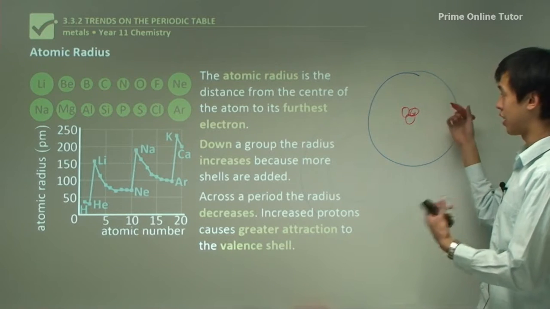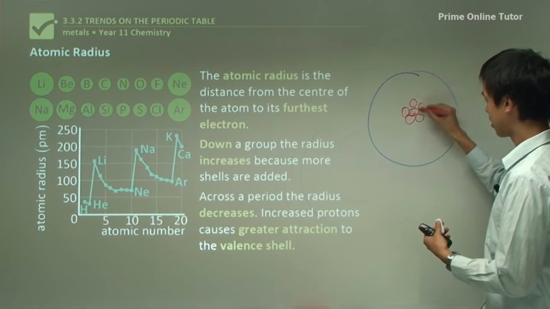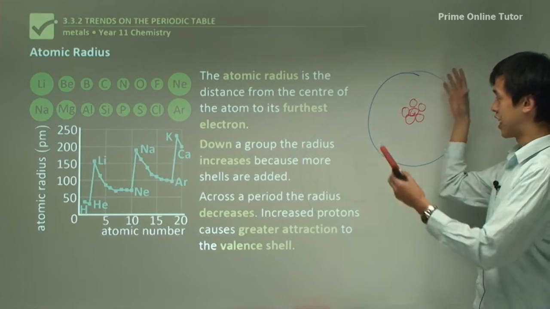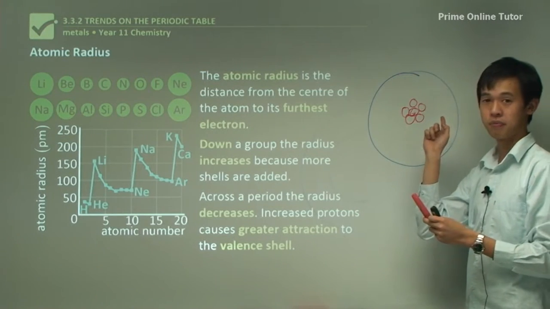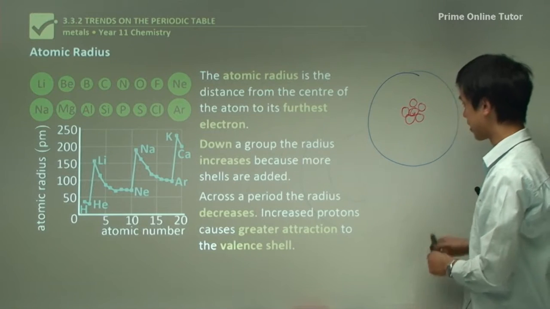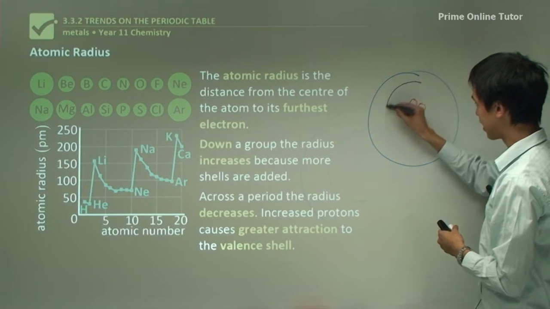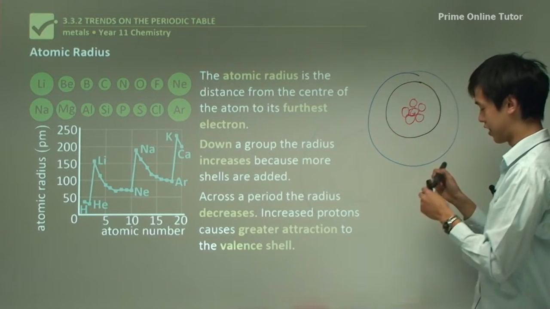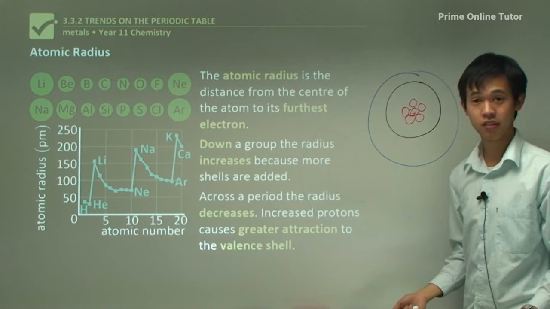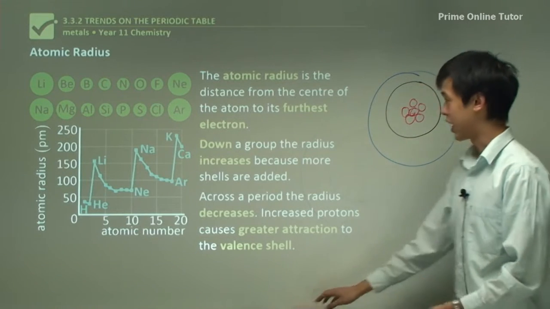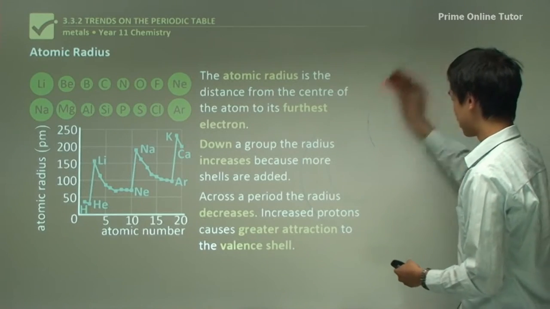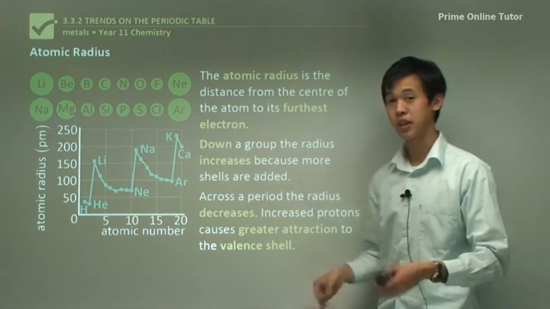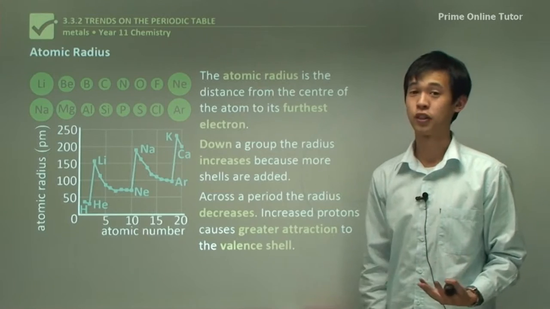And as we add protons, there's an attractive force between the electrons out here and the protons here. So what happens is they tend to come in closer, and so the radius decreases. And that's why the radius decreases as we go across a period, because we have more protons but the same number of shells.